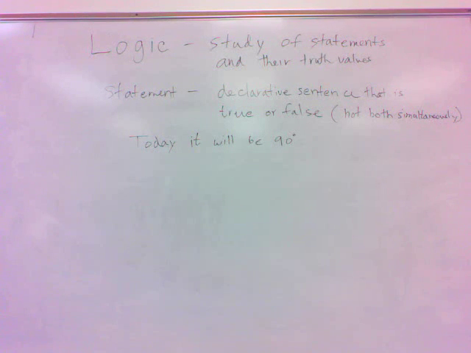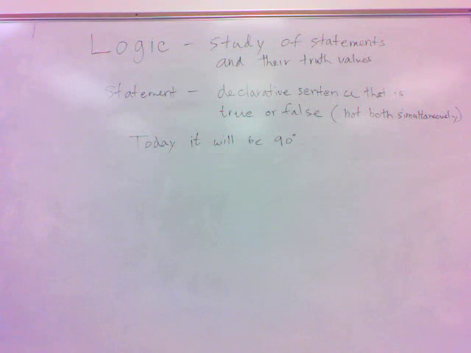What we'll try to avoid is statements that don't have true or false values. Like if I made the statement, paint the room. That's not true or false, right? Paint the wall, that's a command. So we're talking things that are true and false.